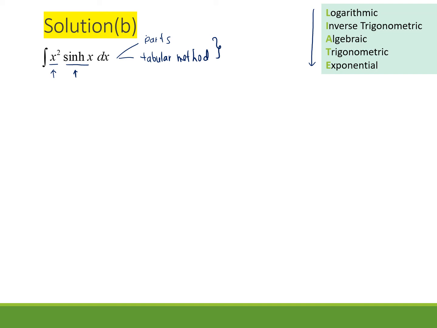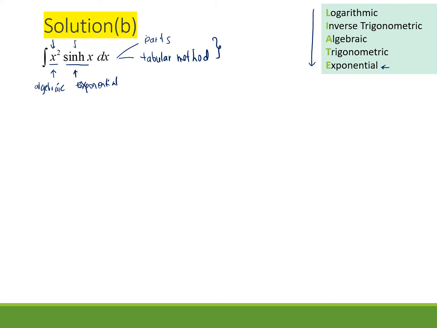Here our first function is algebraic, and the second one is hyperbolic functions, which fall under exponential, since our hyperbolic is based on the exponential function. So now we can determine that our x squared will be differentiated and this sine hyperbolic will be integrated.